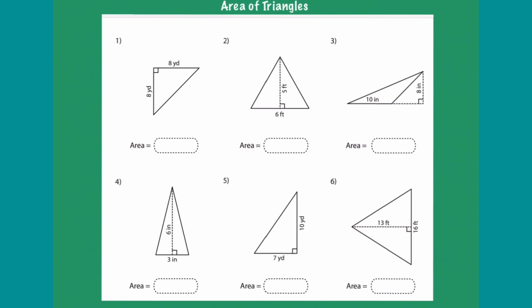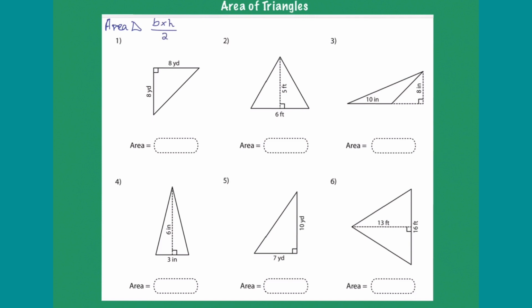Well, the good news is, no matter what kind of triangle it is, the formula for an area is exactly the same. So the area of a triangle is always base times height divided by 2.